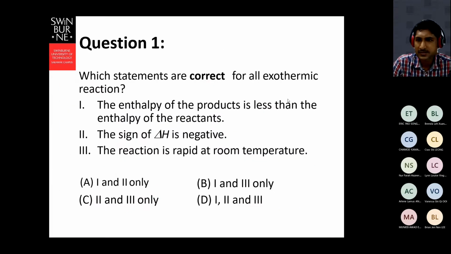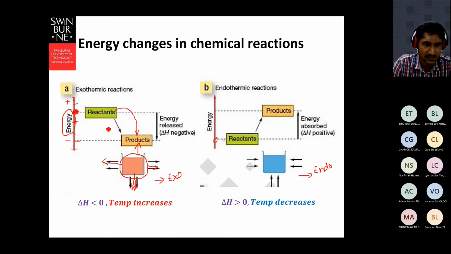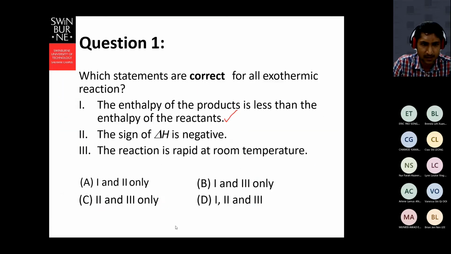Okay, so now there is one question here. Which statements are correct for all exothermic reactions? First, the enthalpy of the product is less than the enthalpy of the reactant. We have seen this is correct, because here the enthalpy change, delta H, is negative, but delta H is positive for endothermic.